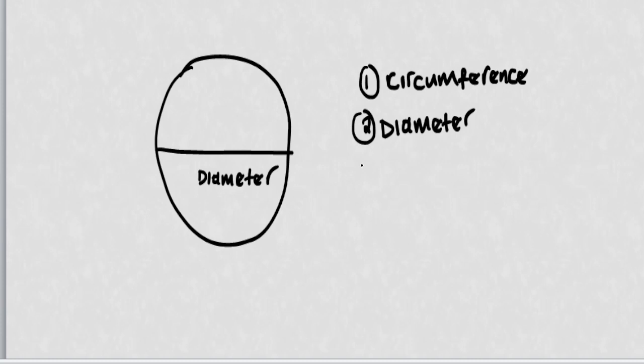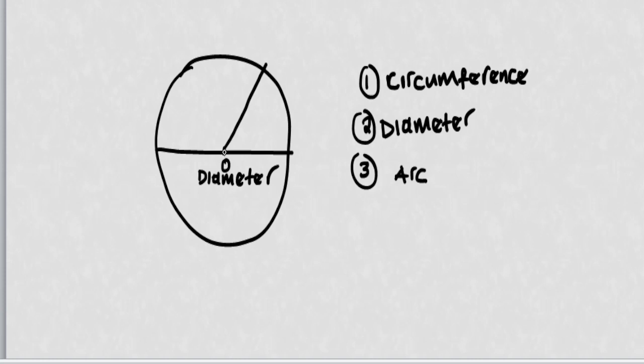A circle has got what we call an arc. Now what is an arc? An arc is simply a part of the circumference. Suppose this is the center of a circle, so I'm going to say center O. Then you draw a line like that from the center to the circumference.